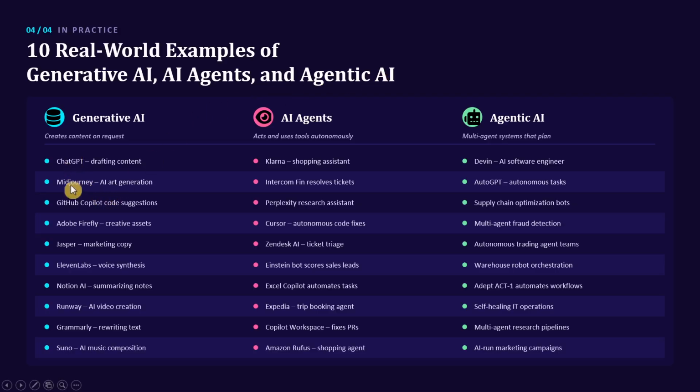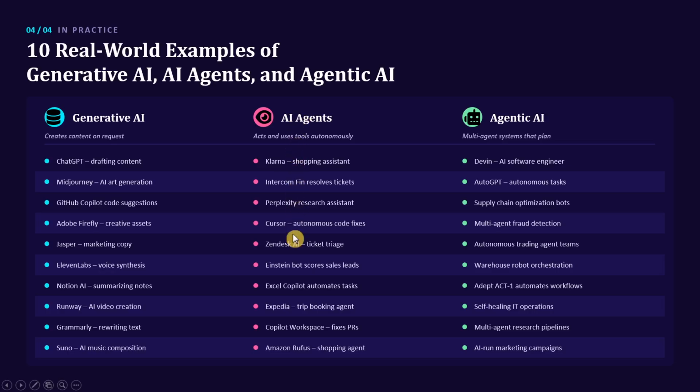I've been telling you about all these. ChatGPT; Midjourney for AI art generation for images, which is trained on images; ChatGPT is trained on a huge amount of text and drafting content. GitHub Copilot is trained on code itself. Adobe Firefly creates assets, then Jasper, ElevenLabs, and all these are examples. All these apps you would have come across. Suno is for AI music composition.